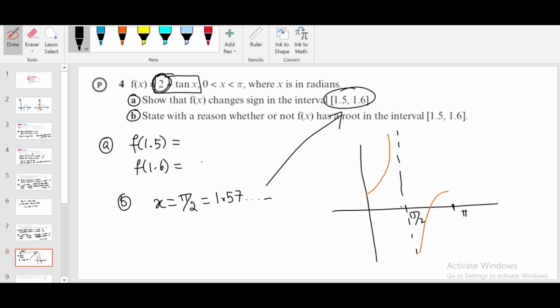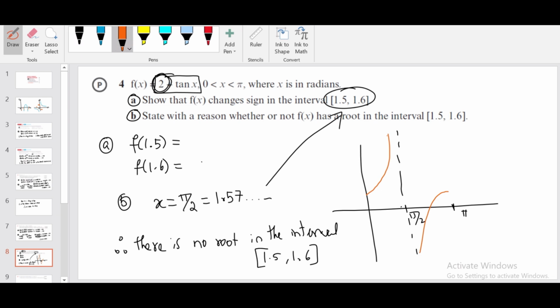There is no root in the interval 1.5 to 1.6. Understand? 1.5 will be here before pi over 2, 1.6 will be after pi over 2. But when you find the function value, of course you are getting a change of sign, but the graph is not crossing between these two points. Understand?